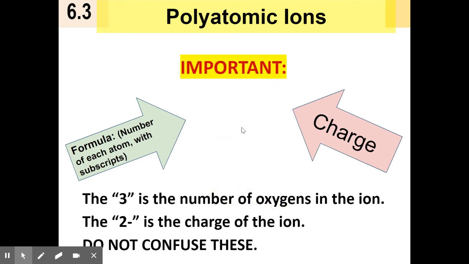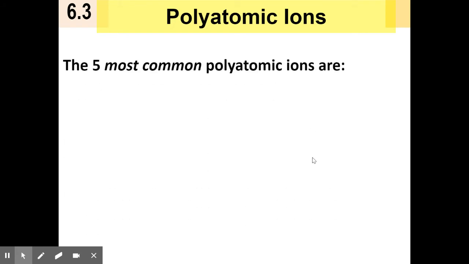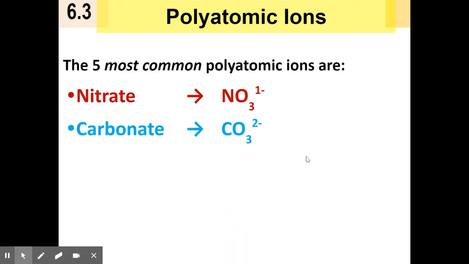Now remember, there's 2 parts to this. The formula part, which encompasses the atoms and the number of each that are present, and then you've got the charge in the upper corner. So the upper corner is the charge, and the bottom number, the subscript, is how many of each atom are present. Don't confuse these.